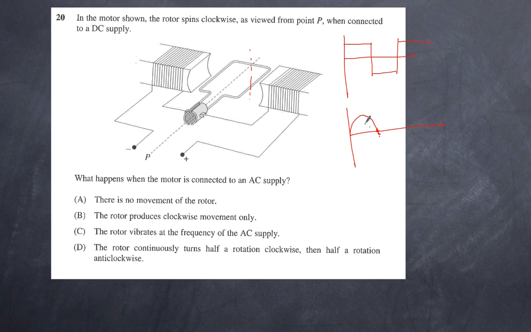So it will turn, but it'll slow down to the vertical position, and then it will go in the opposite direction. It'll speed up, and then the maximum, of course, is when the force is at a tangent to the magnetic field lines, and then we'll go the other direction for that component over here. So it literally will go halfway, then come back to halfway, giving the only possible answer D.